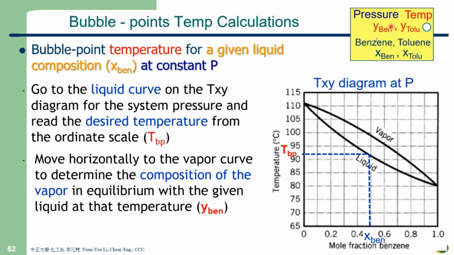Your temperature is known. How are you going to find the molar fraction in the gas phase? Move horizontally to the vapor curve to determine the composition of the vapor in equilibrium with the given liquid at that temperature. Moving horizontally to the vapor curve, you find the molar fraction of benzene, Y, is 0.7, so the other component will be 0.3.